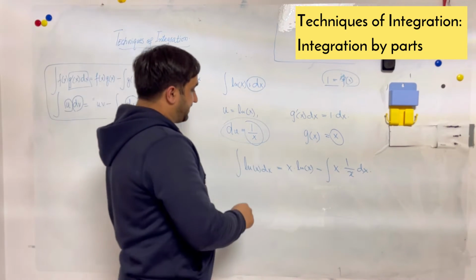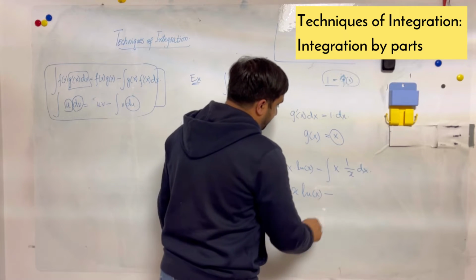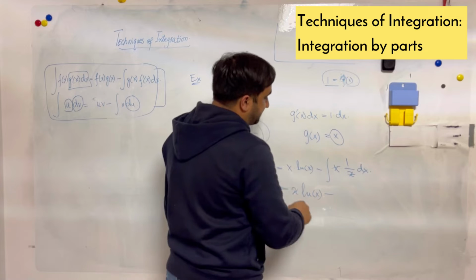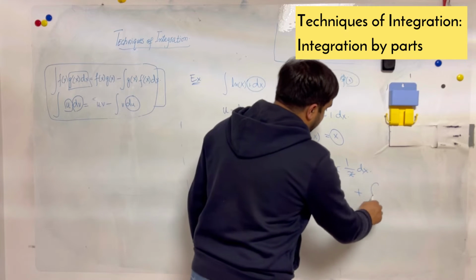So these two x will cancel, and this dx with the integral will give you an x, plus the constant of integration.